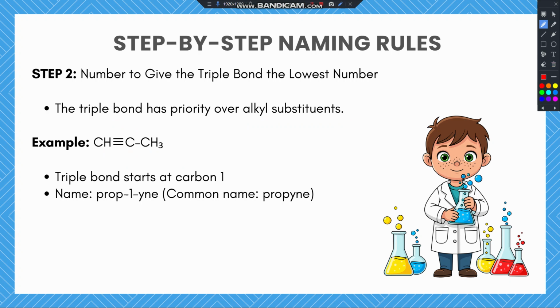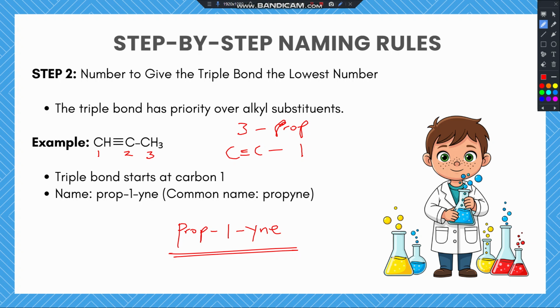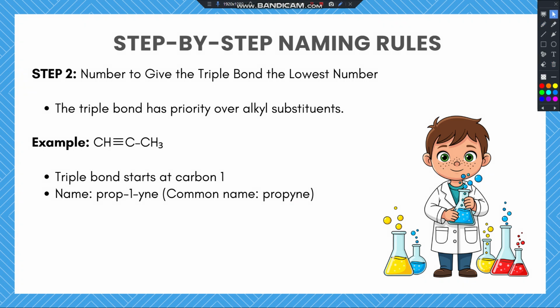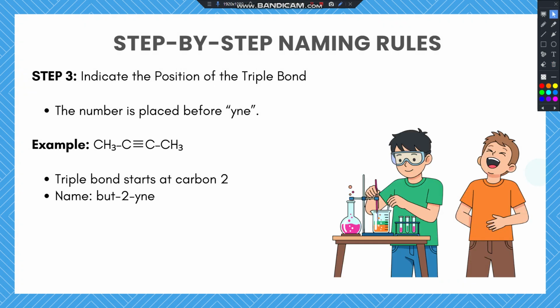Now, counting from the left to the right, we have 1, 2, 3. 3 carbon atoms gives us the parent name prop. Now, the triple bond is located on carbon number 1. So when we bring everything together, we have the parent name prop, the position of the triple bond 1, and then the suffix yne: prop-1-yne. Some can also name it propyne. Whichever way you choose to name it is absolutely fine.